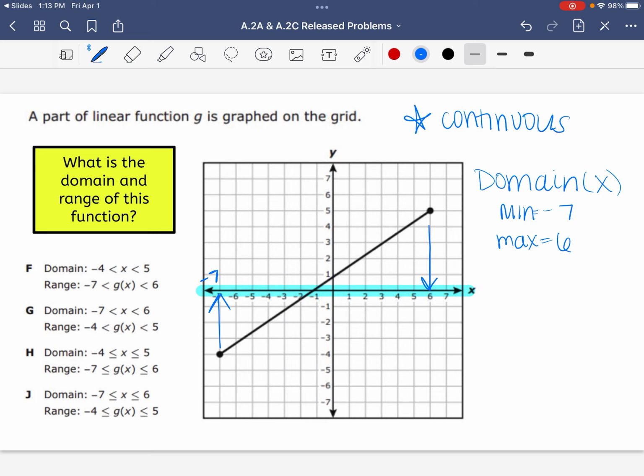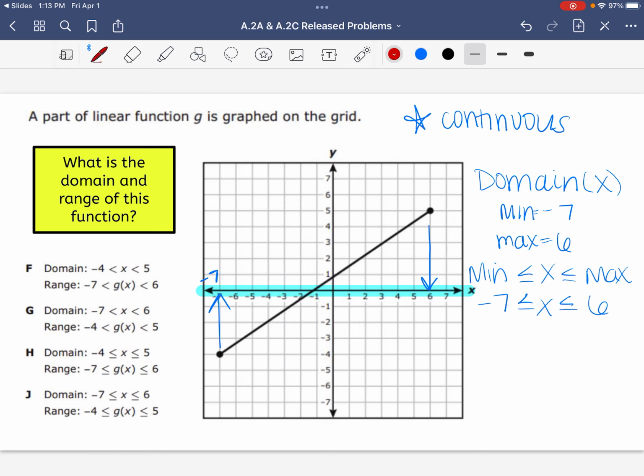So when I do my domain and range as an inequality, it will be x, and x has to be greater than or equal to whatever the minimum is, and then x has to be less than or equal to whatever the maximum is. So my minimum is -7, so -7 has to be less than or equal to x, which is less than or equal to my maximum of 6.